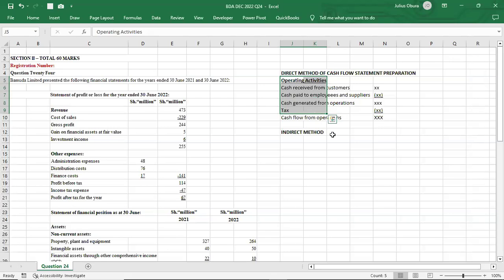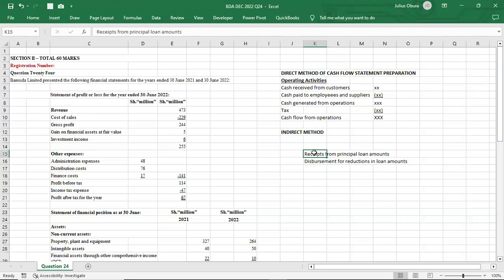Allow me to write these ones. Cash from financing activities. Number one, we have receipts from principal loan amounts. Number two, we have disbursements for reductions in loan amounts.